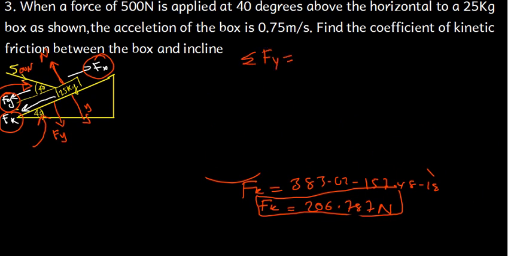In the forces in the y, first the one which is giving us a positive is the normal force, and then we remove those which are going down. The first one is Wy, and then the second one is Fy. So we say this is going to be 0 because it's not moving up or down. And then we don't know the normal force, and then we subtract Wy.